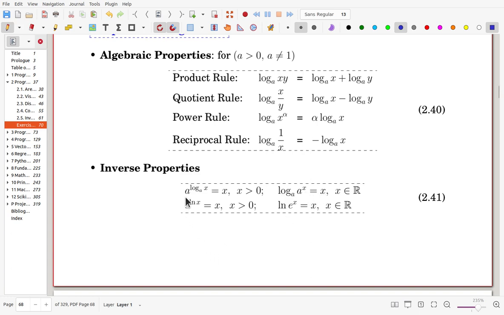Once a is chosen to be e, a special case, we can write in this way. Also the same, if a is e, then we have ln of e to the x equals x. Okay.